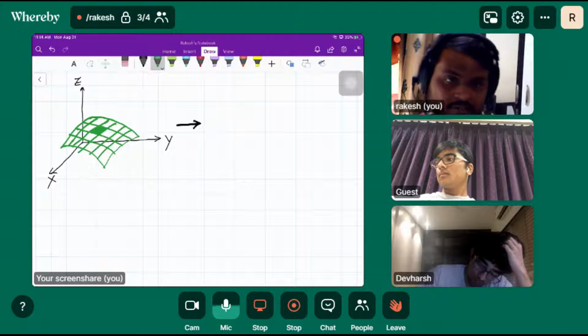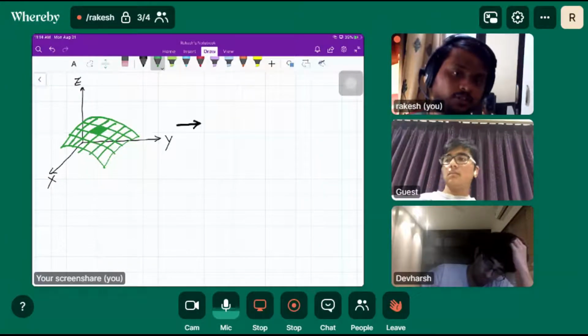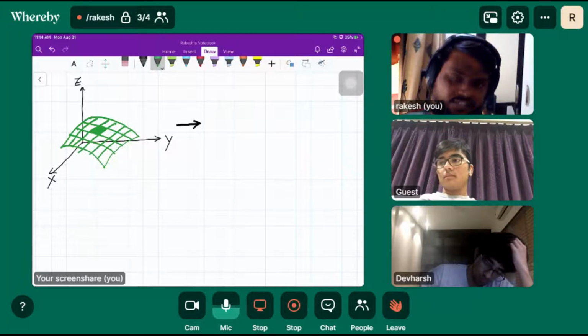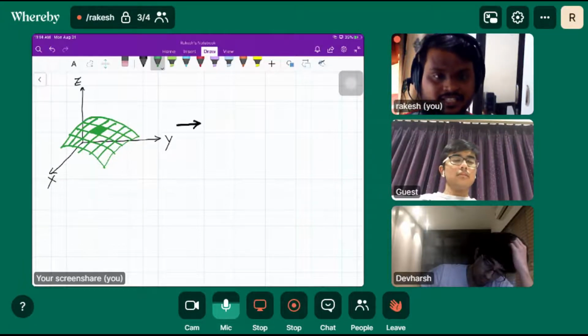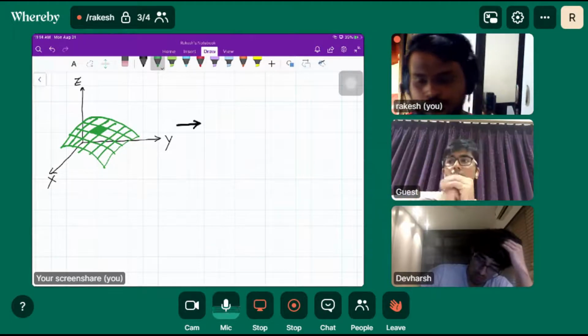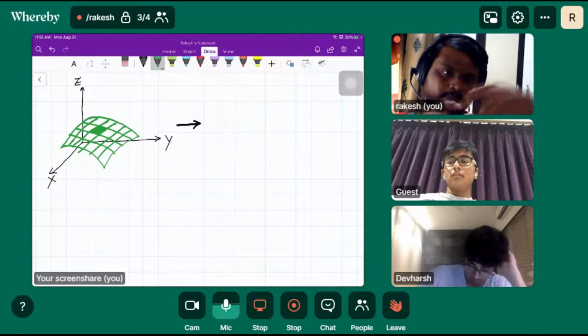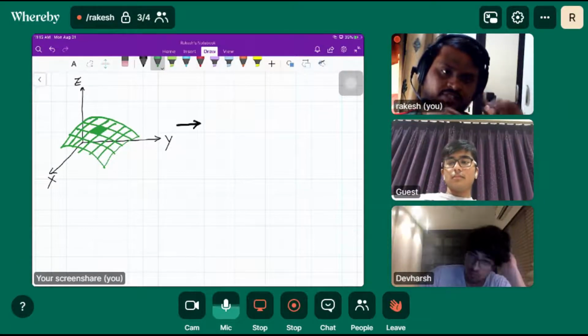But since the double integration idea so far worked on the planar region, right? Now our region is S, that's basically a surface, right? So if you look at this patch on the surface, that's a very small area.